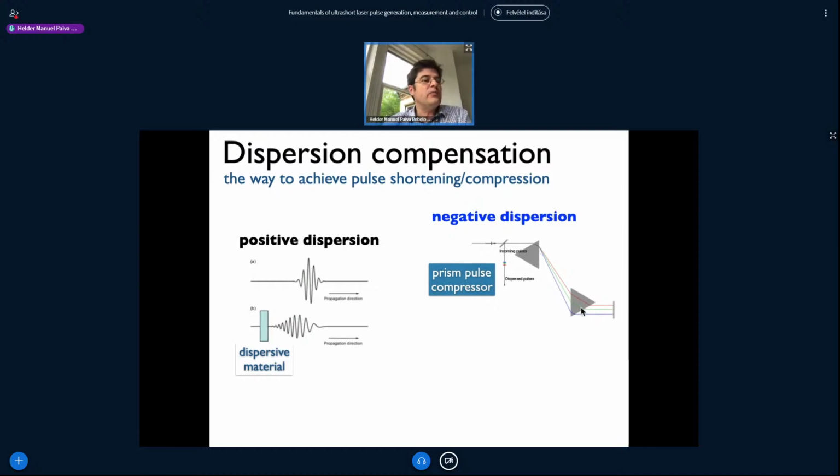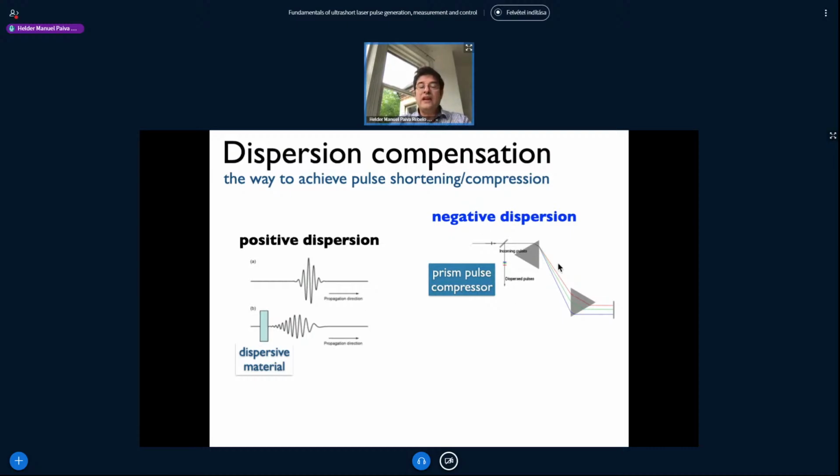And then here we have a second prism, where the red light is going to be crossing much more of the prism than the blue light. So what we are doing here is having a system where the red light is going to be delayed with respect to the blue. So this system will introduce negative dispersion. So dispersion which has an opposite sign to the standard dispersion of glasses.